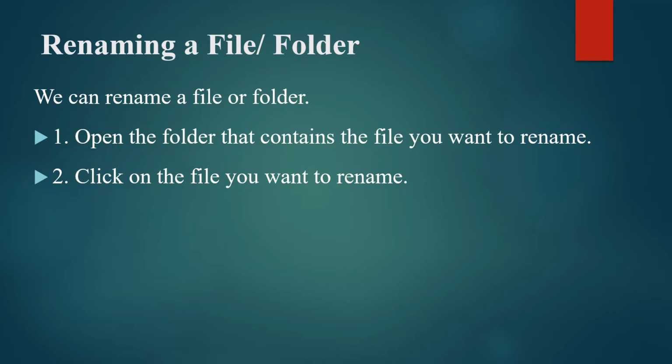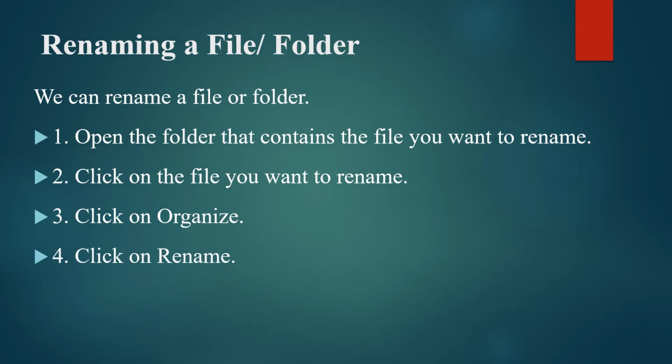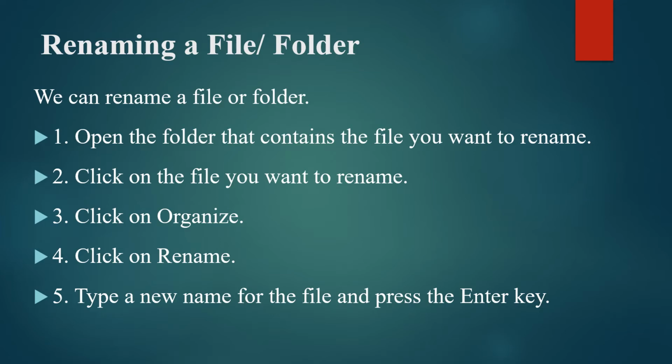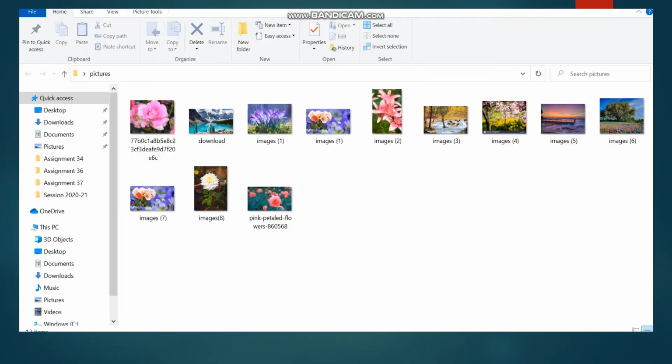You just have to select it. Click on Organize. Click on the Rename option. Type a new name for the file and press Enter key. Let us see this, how we can rename a file.